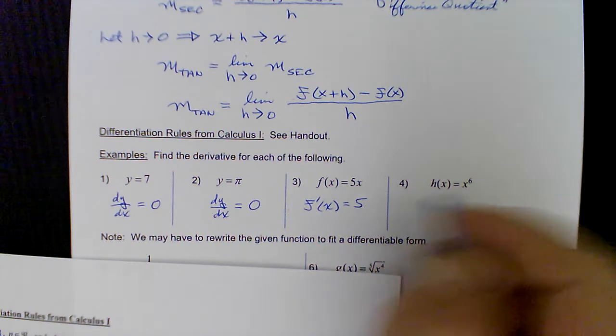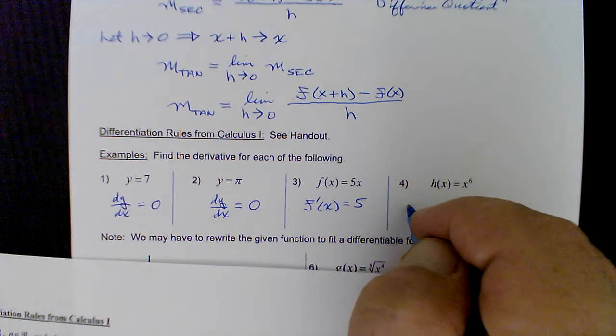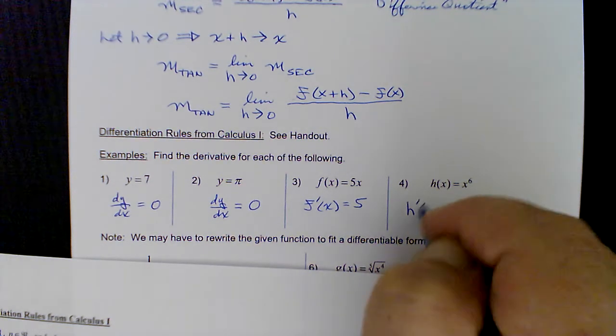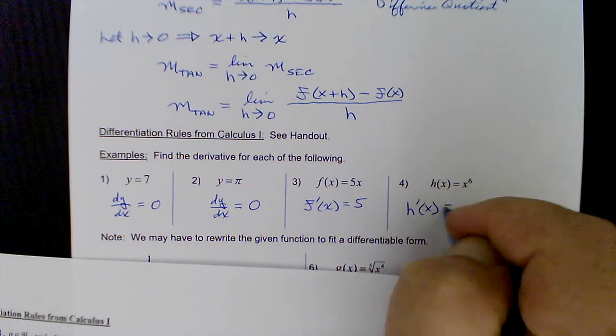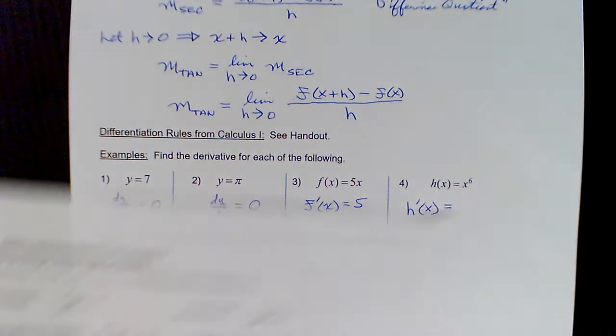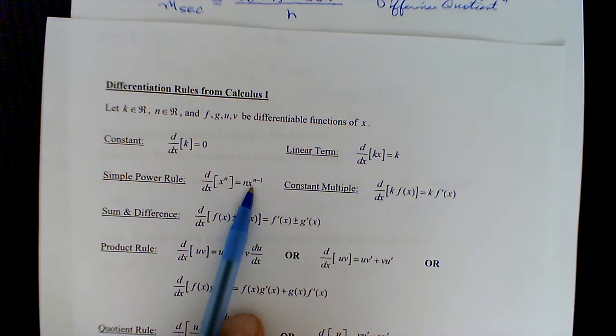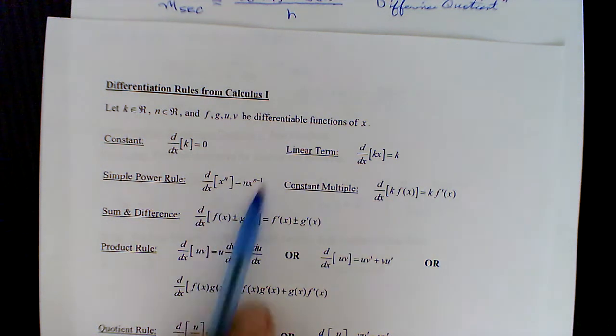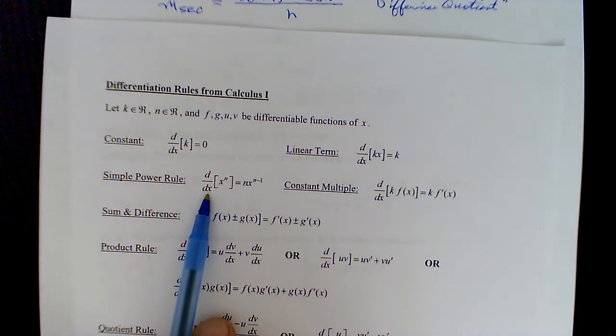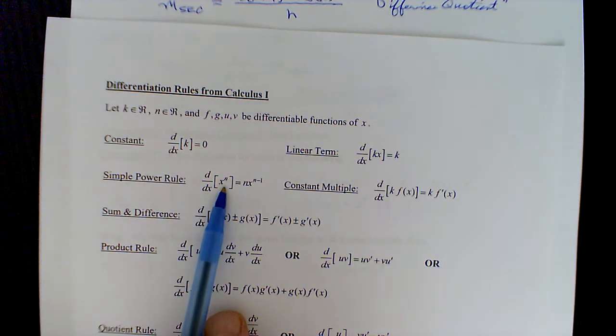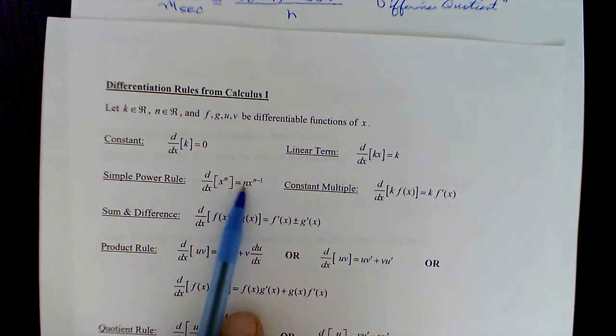And everybody knows how to do this. Just make sure it fits the differentiable form of x to the n, and then this is the result. So make sure you understand how to read this notation. It's saying the derivative with respect to x of this type of thing, something of the form x to the n, is this.